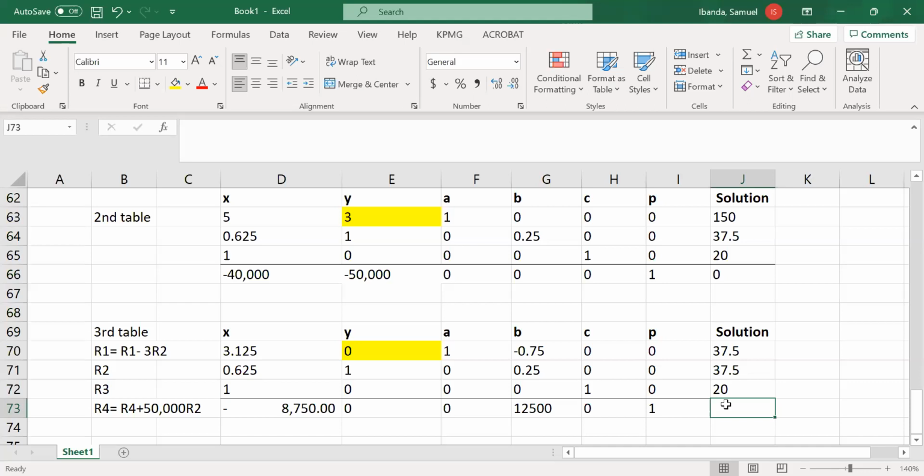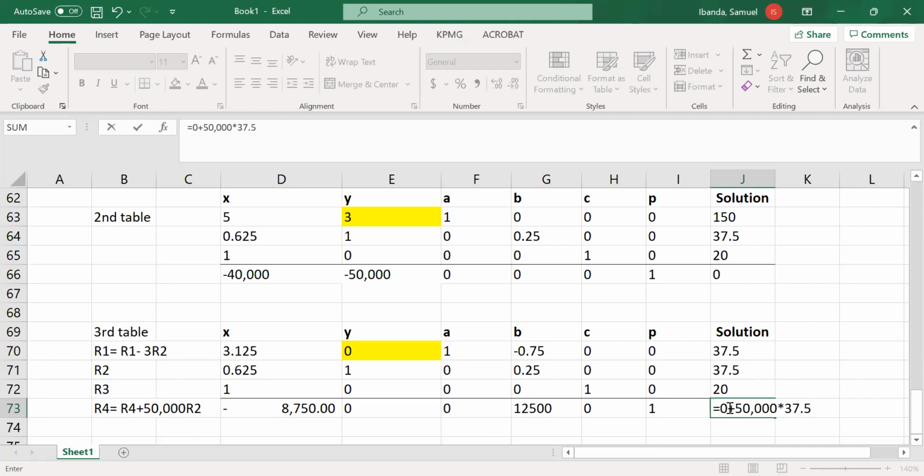And then we have, let's have here our 0. This will be 0 plus 50,000 times 37.5.